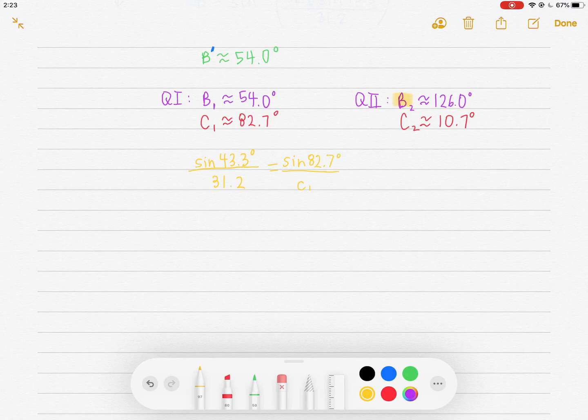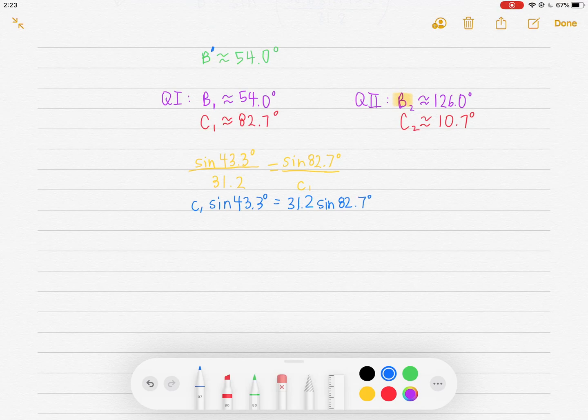And we're solving for little c1, so we cross multiply: little c1 times sine of 43.3 degrees is equal to 31.2 sine of 82.7 degrees.